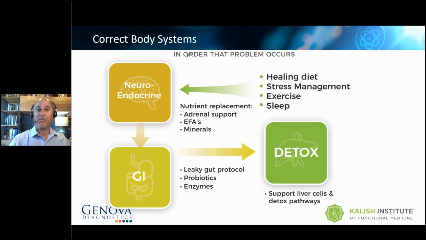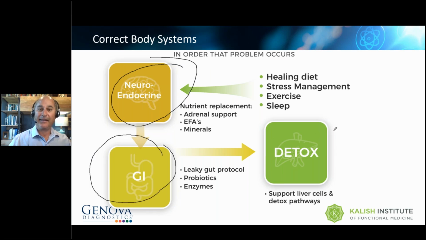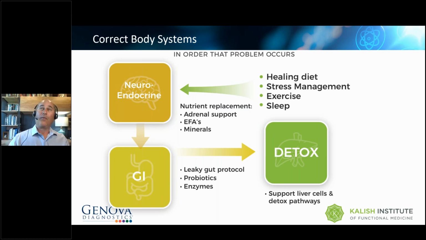And so I look at this from a body system standpoint, and there being 3 body systems: neuroendocrine, GI, and detox. And we have a test, or a series of tests, for each one of these. When we're thinking about the variables that really trigger health problems, there's not a great diet happening, the person's stressed, they're exercising not enough, their sleep is not so great.